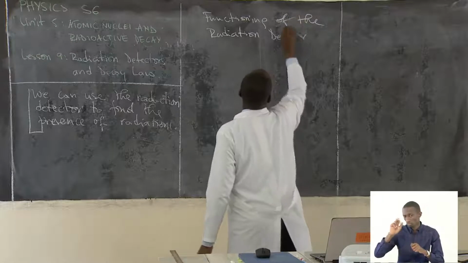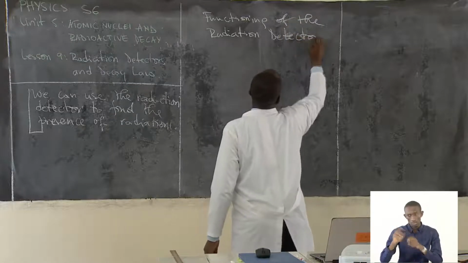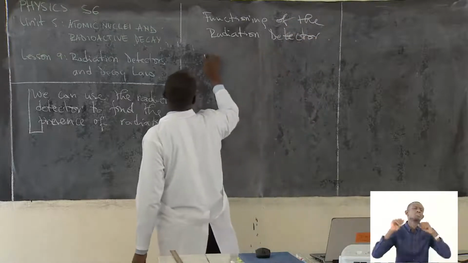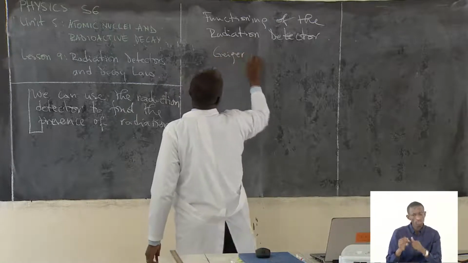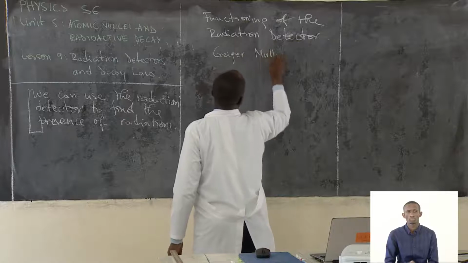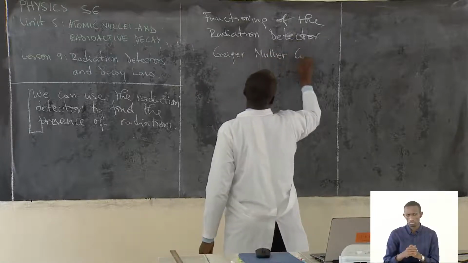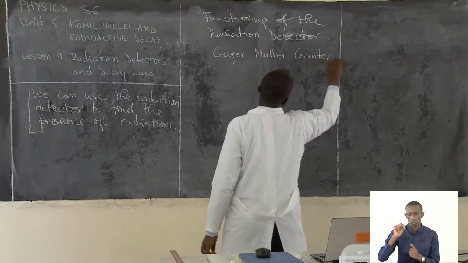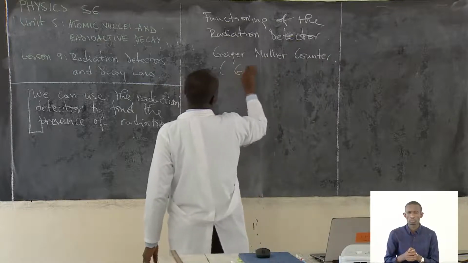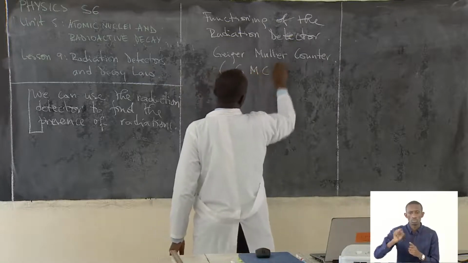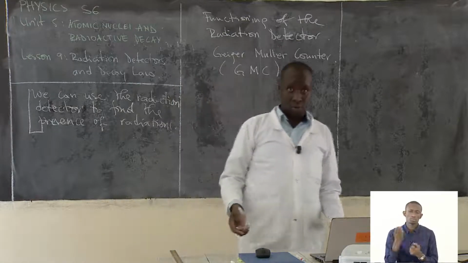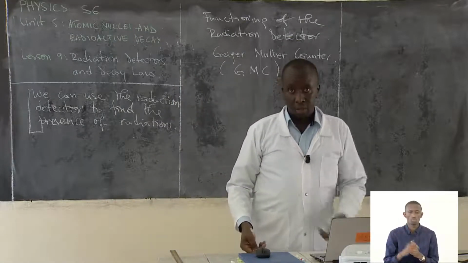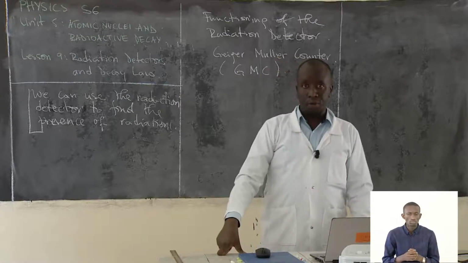So maybe we take one, what we call the Geiger-Muller counter. So we can say this is the Geiger-Muller counter, or we use GM and then C. Sometimes it is a tube. We can say it as a tube. You understand that? That is device number one.